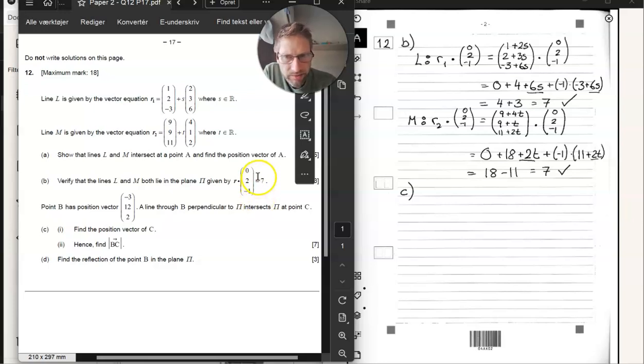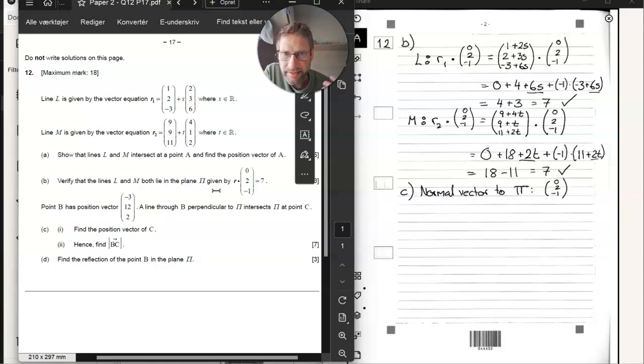So if we go back to the equation that we were given up here, we realize that this guy is actually the normal vector, because when we write out the equation for the plane, the numbers we multiply on x, y, and z are actually the coordinates of a normal vector. So we have a normal vector to capital Pi, and it's actually this guy 0, 2, minus 1.